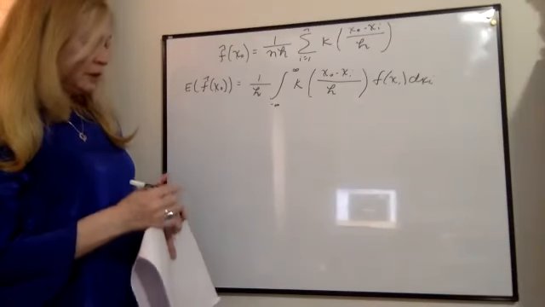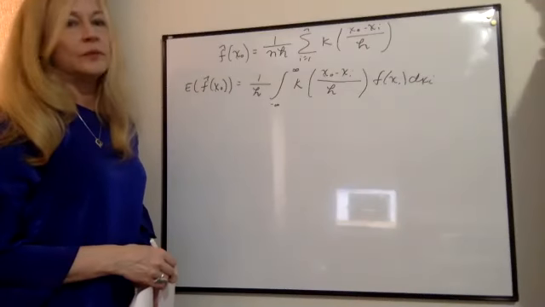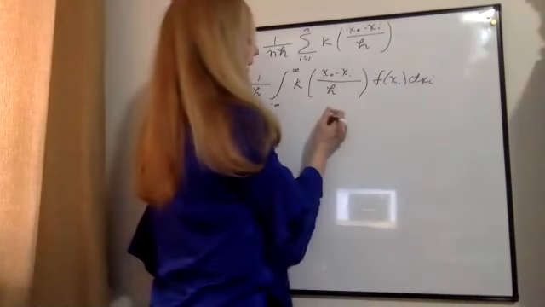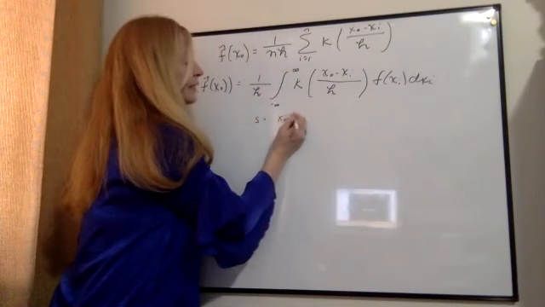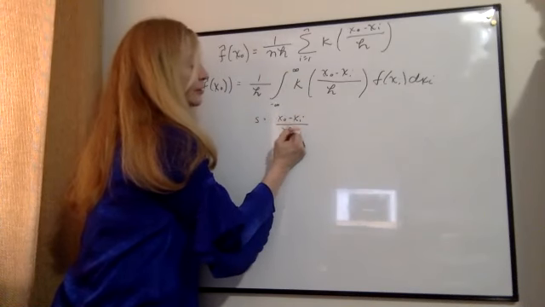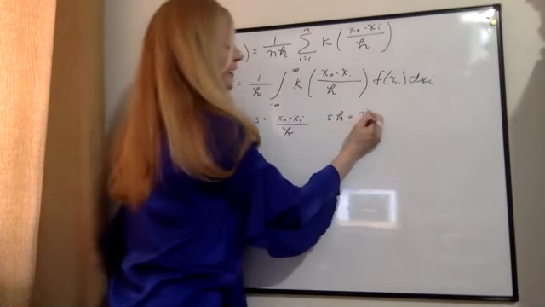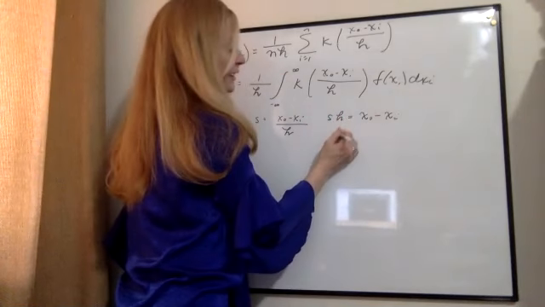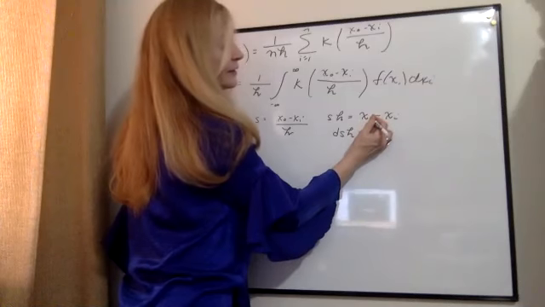So what I'm going to do is a change of variables, which just makes things a little easier. I'm going to say S equals (x naught minus xi) over h. So S times h is equal to x naught minus xi. So ds times h is equal to minus dxi, because x naught is just a constant.